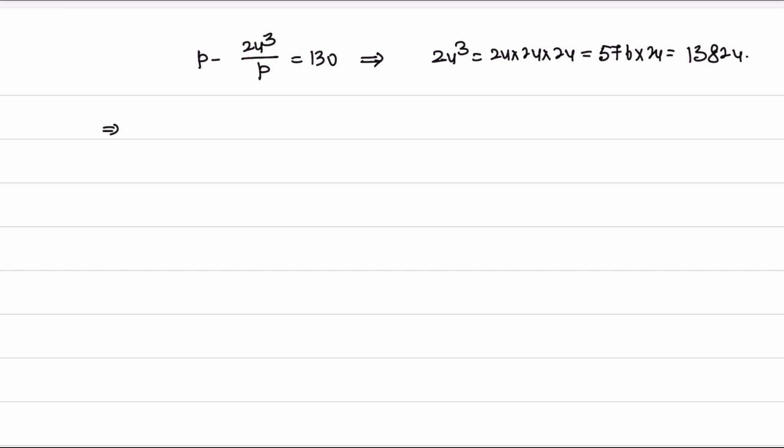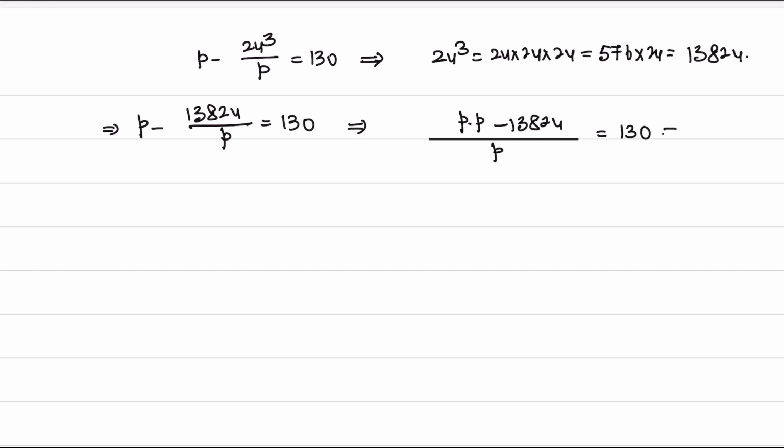That means the original equation in p form is p minus 13824 divided by p is equal to 130. Then by taking p as LCM, denominator will be p on the left hand side. This will be p into p is p square minus 13824 is equal to 130.